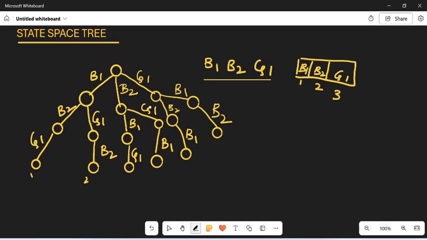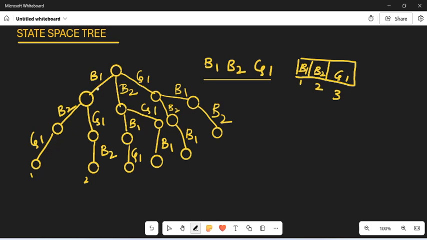The thing is, we are making three students sit on three chairs. Therefore this is one possibility. I can make boy 1 sit in the first chair, boy 2 in the second chair, and girl 1 in the third chair.